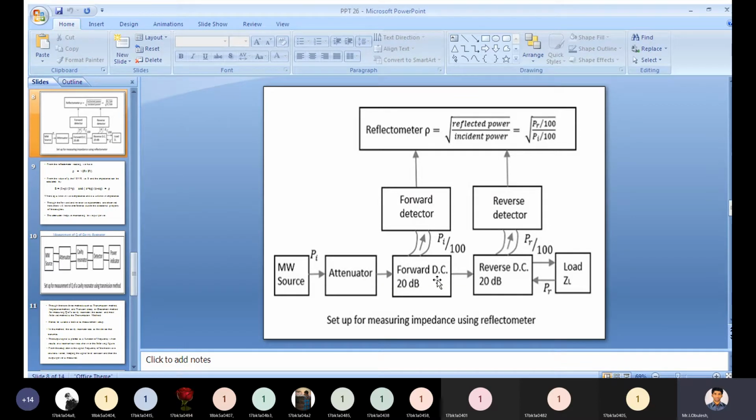In this method, two directional couplers which are identical but differ in direction are taken. These two couplers are used in sampling the incident power Pi and the reflected power PR from the load.